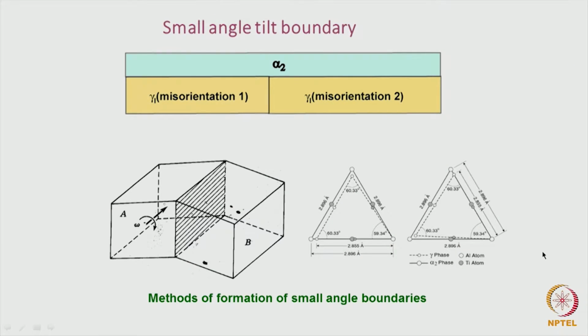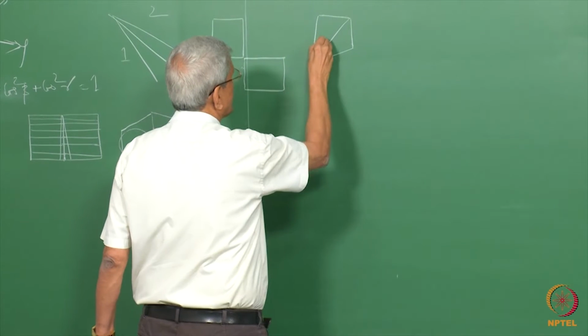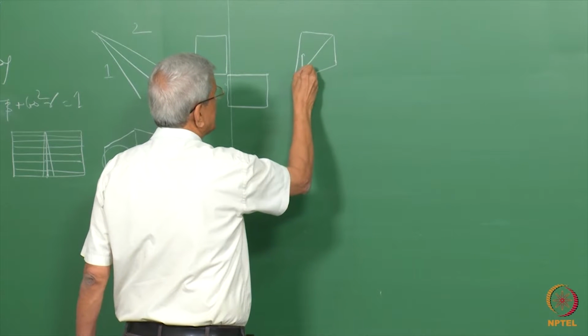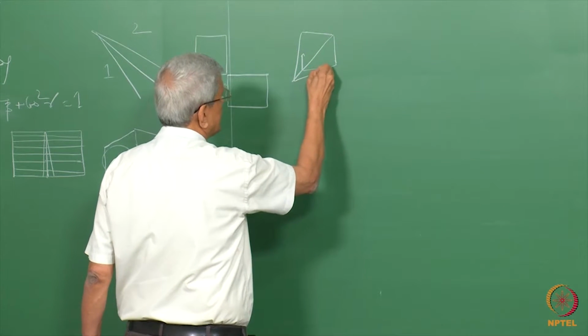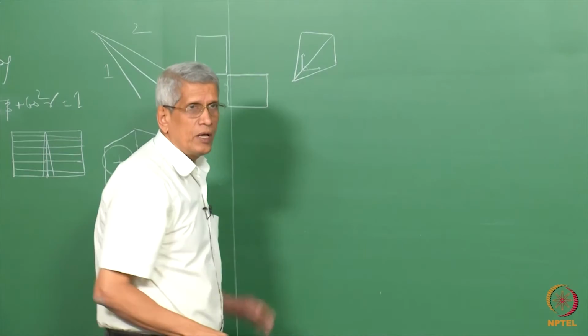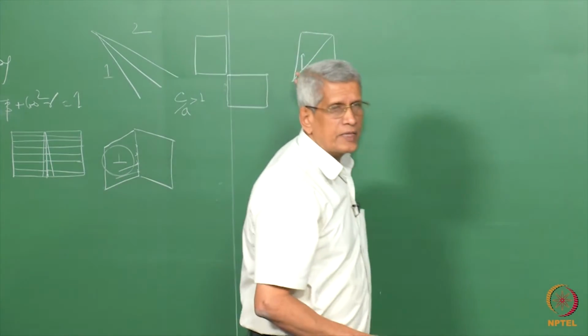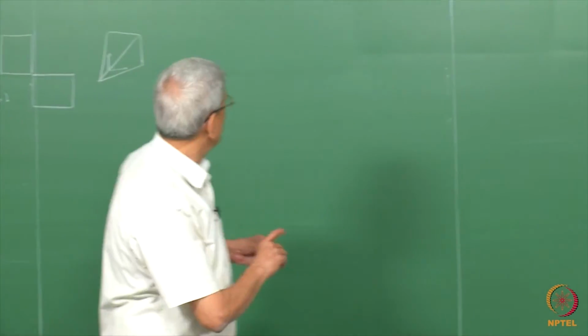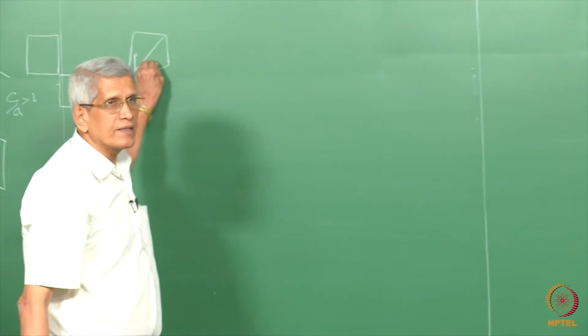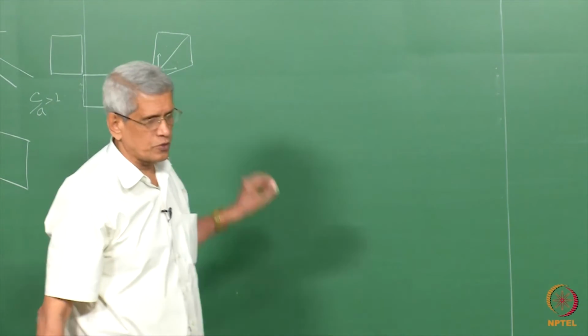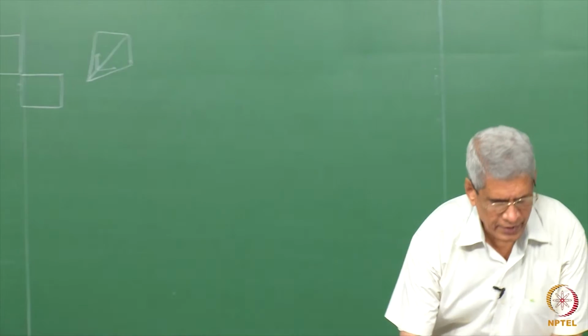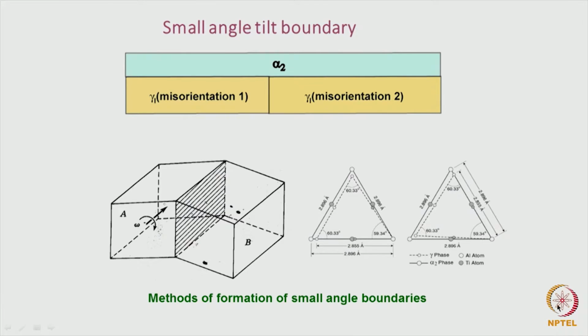When that continuity is being maintained across the interface, essentially the C-axis will be slightly tilted, not exactly 90 degrees, some angle, and that angle will be nothing but the misorientation. That means from here to here, a slight misorientation has been introduced. That is what has happened in this crystal structure.